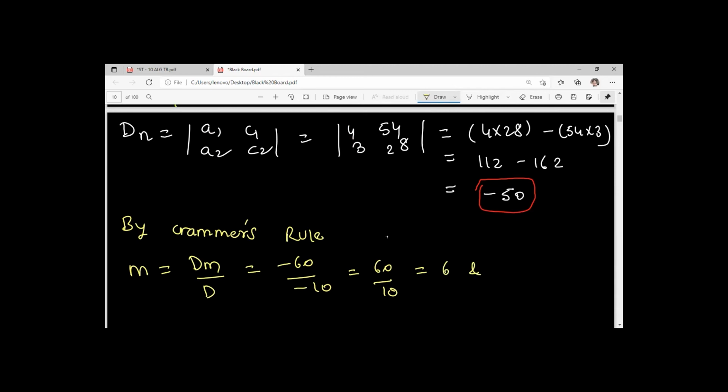Okay, and for n we are going to write dn upon d, which is equal to minus 50 upon minus 10, which is equal to 50 upon 10, which is equal to 5. Okay? Just be careful with the answer. Okay? Just go through the question. If you are having any doubts, do let me know. Okay?